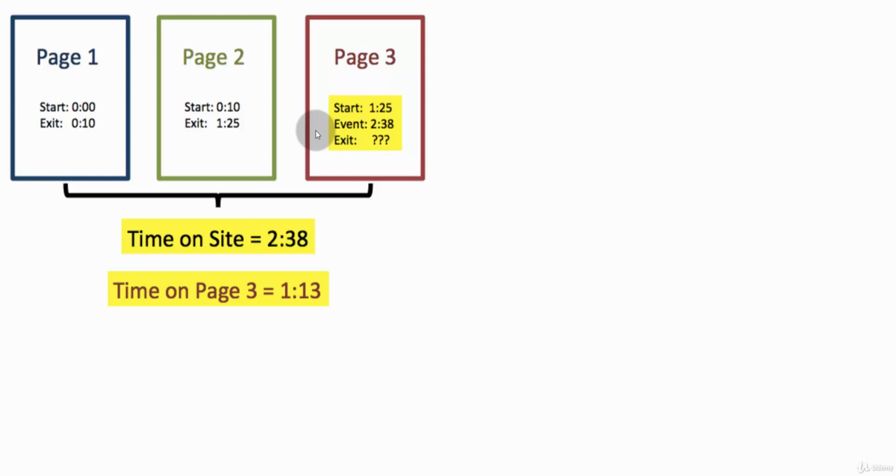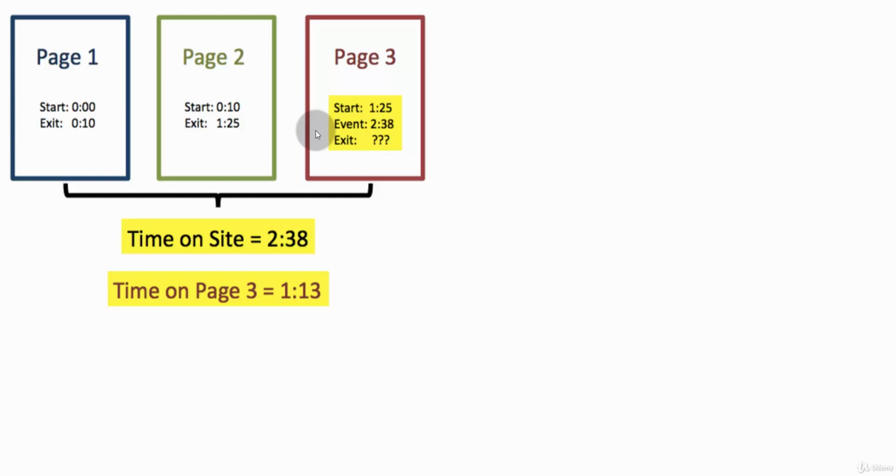In that case, the time span from 0 seconds to the time when the event occurred on page 3, that is 2 minutes 38 seconds, will be taken as the total time spent on your site, whereas the time spent on page 3 will be calculated as 2 minutes 38 seconds minus 1 minute 25 seconds, which comes to 1 minute 13 seconds. So, this is how we derive the time spent on a page and also the time spent on the site.